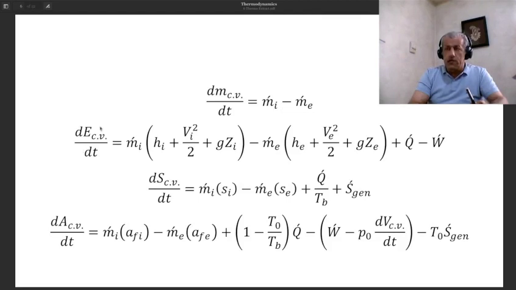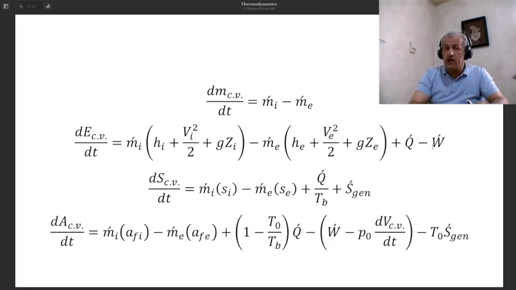Second, the change of energy inside the control volume depends on the energy going in with the mass going in, the energy going out with the mass going out, but more than just the mass going in and out, like the previous equation. Now we have two other terms: heat and work.